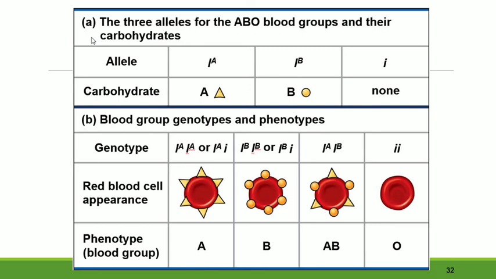However, if someone is type O blood, they cannot receive blood from any of these other individuals because their immune system wants there to not be either of these carbohydrates on their surface. However, type O blood people can donate blood to A, B, and AB people.